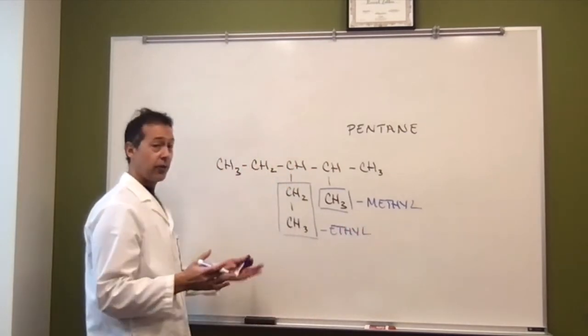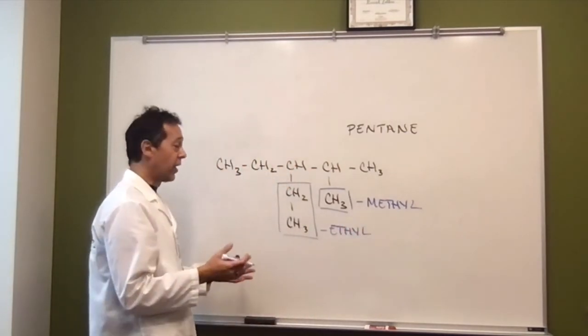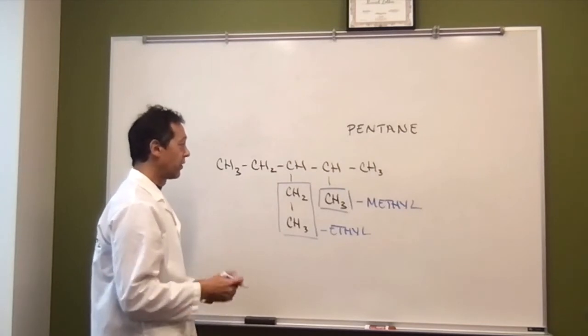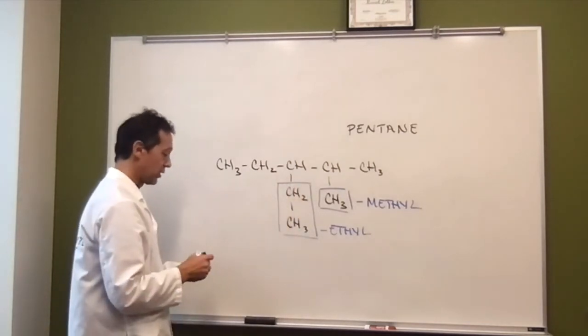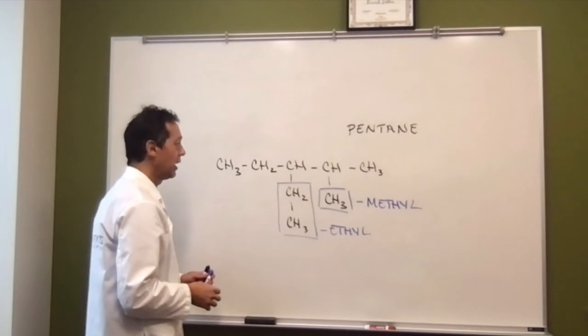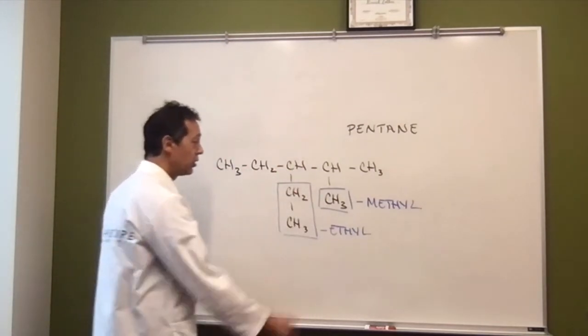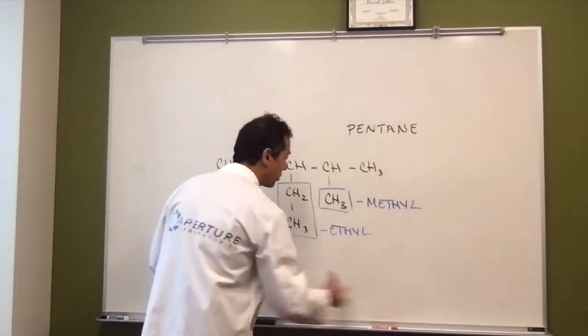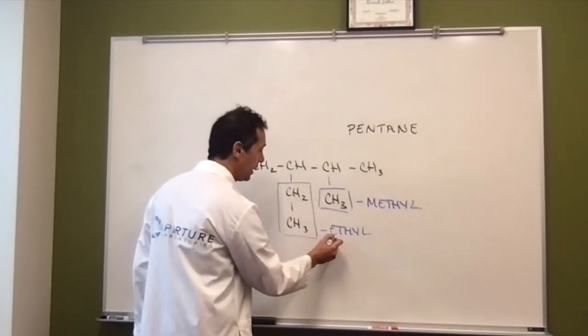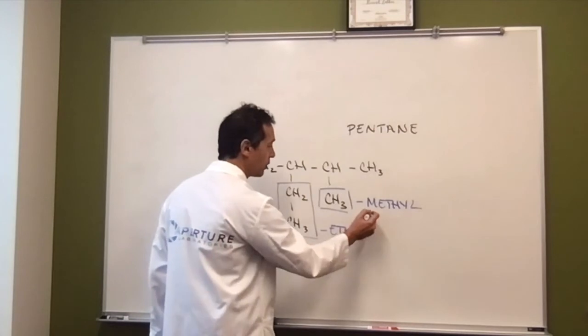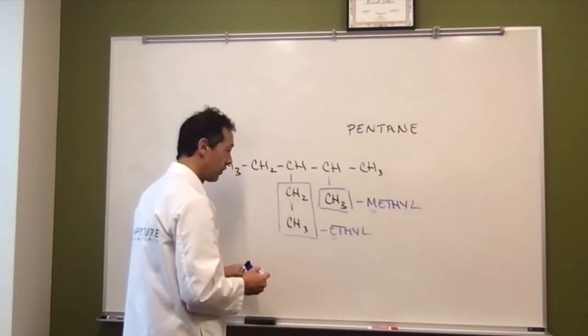How do I know methyl and ethyl? That's going off of our cheat sheet that we did earlier. So these are my 2 substituents, and as it turns out, when you name these, you do it in alphabetical order. So we see that E for ethyl comes before M for methyl.